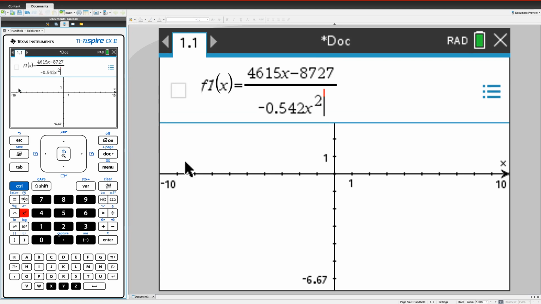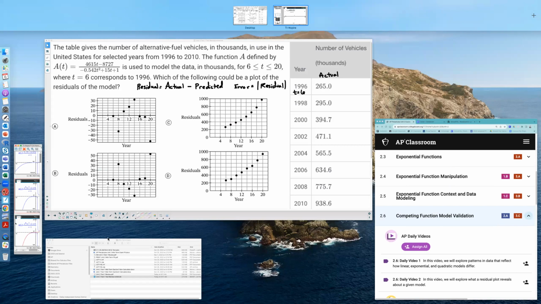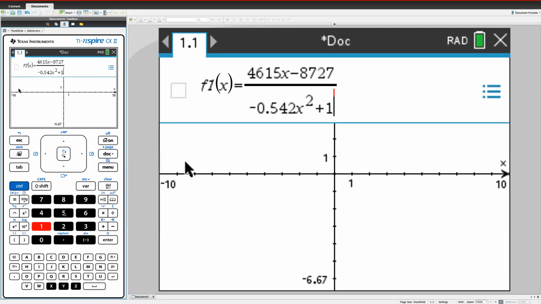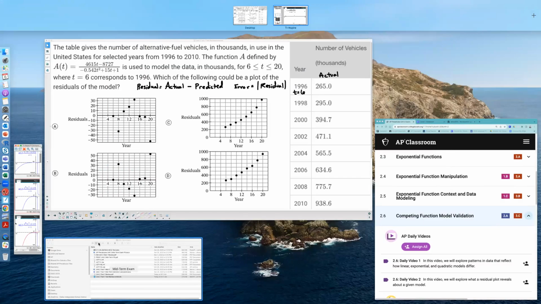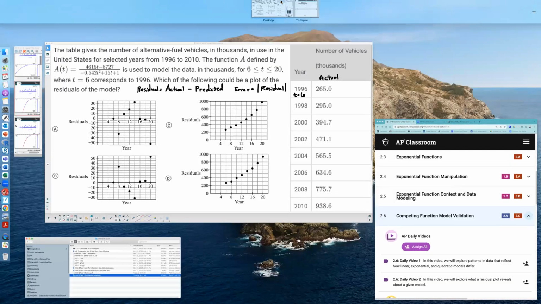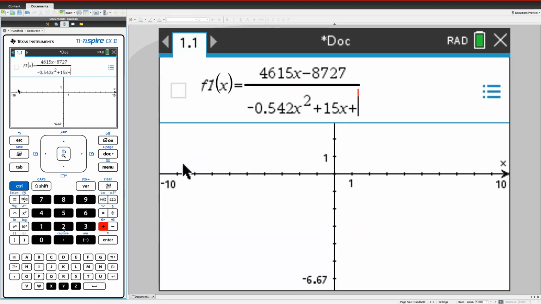So I'm going to say x squared plus 15t, plus 15x plus 1. Whoops. Plus 1.